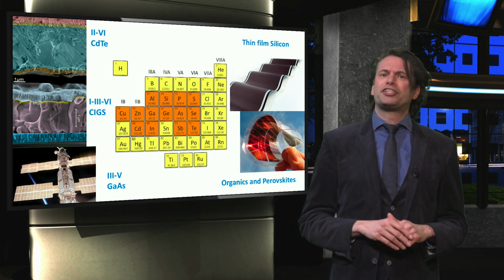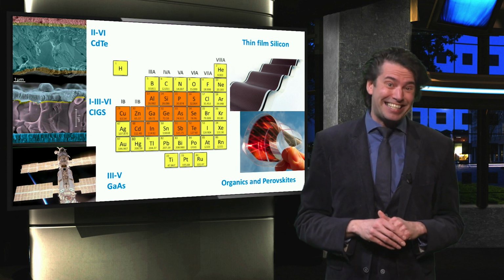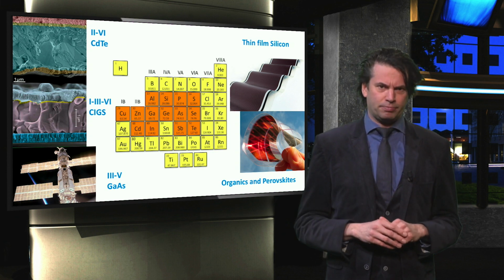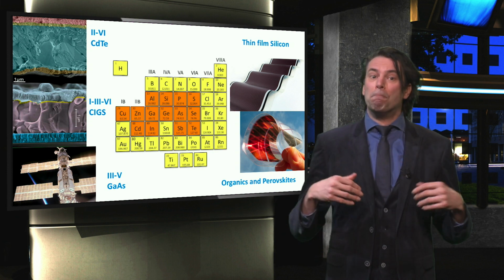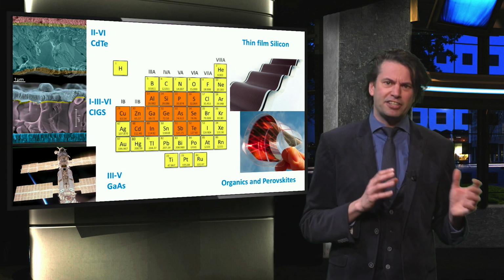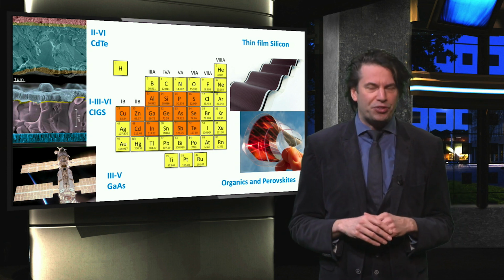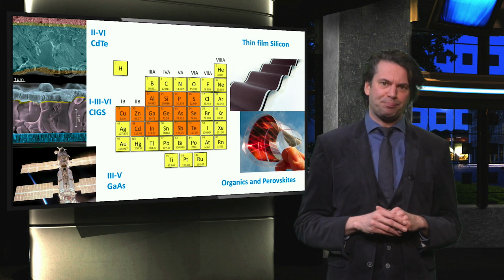Each of these technologies have their specific advantages and disadvantages in some respect. In this section, you will learn about the material properties, module architecture, advantages and limitations of all these PV technologies.